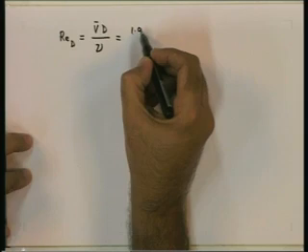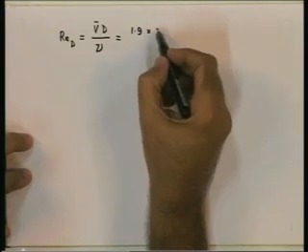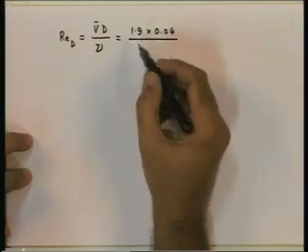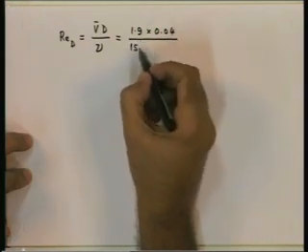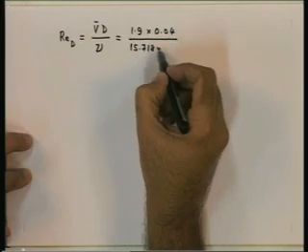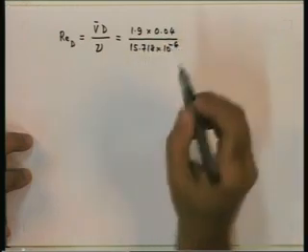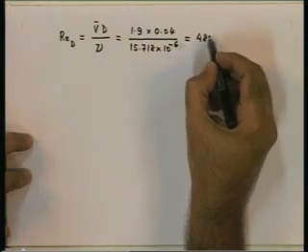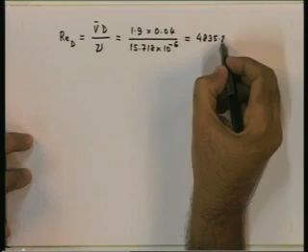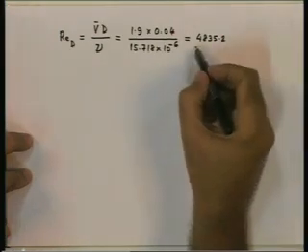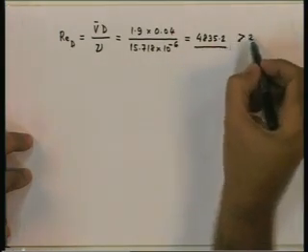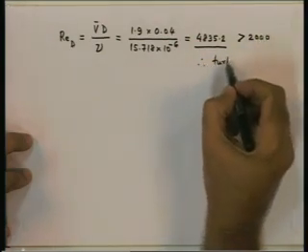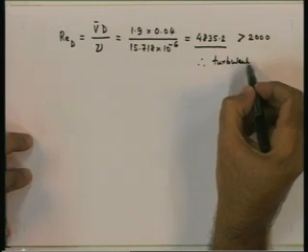V bar is 1.9 meters per second, D is 0.04 meters, divided by nu 15.718 into 10 raised to minus 6 meters square per second, which is 4835.2. This is greater than 2000, hence we have turbulent flow.